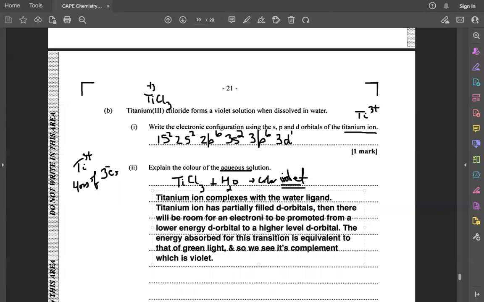And so in a nutshell, that's really what's happening here, is that the titanium has a partially filled d orbital.